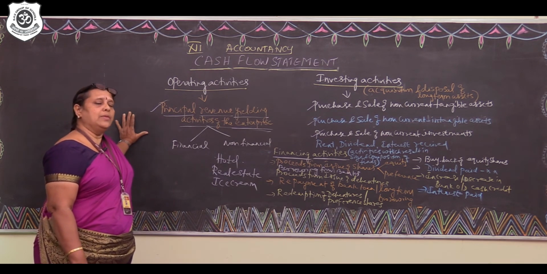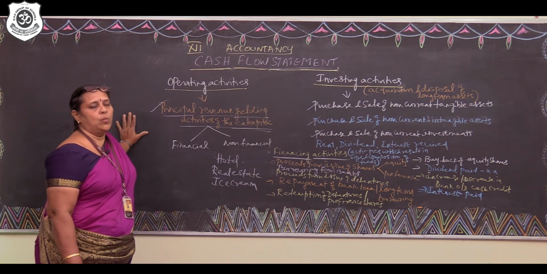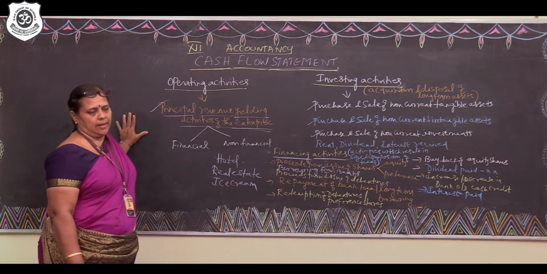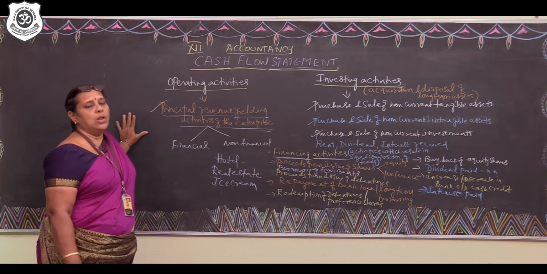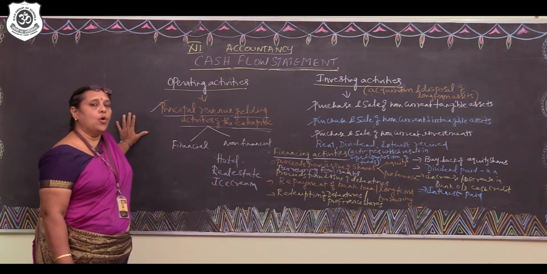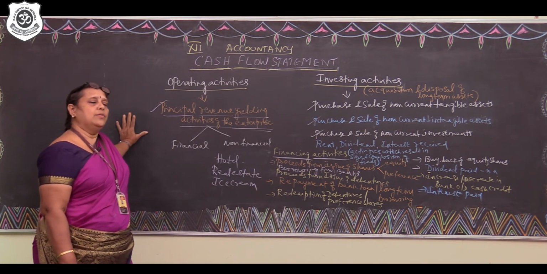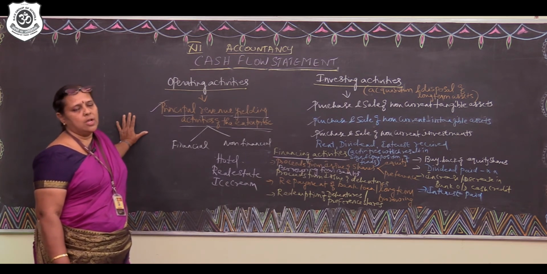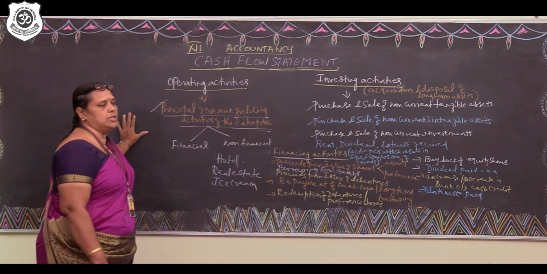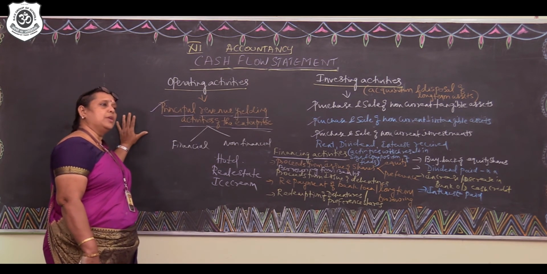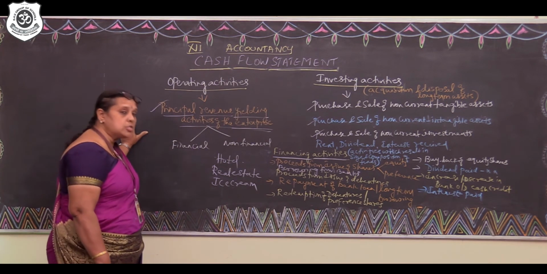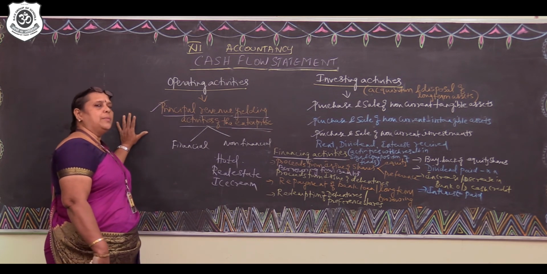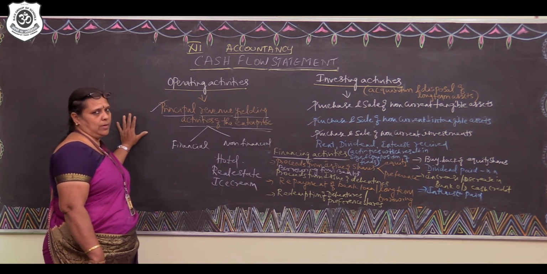The principal revenue yielding activity depends upon what type of enterprise it is, financial or non-financial. For a financial enterprise, their very purpose of existence is to deal with financial instruments. Therefore, purchase and sale of financial securities and instruments becomes their fundamental revenue yielding activity.